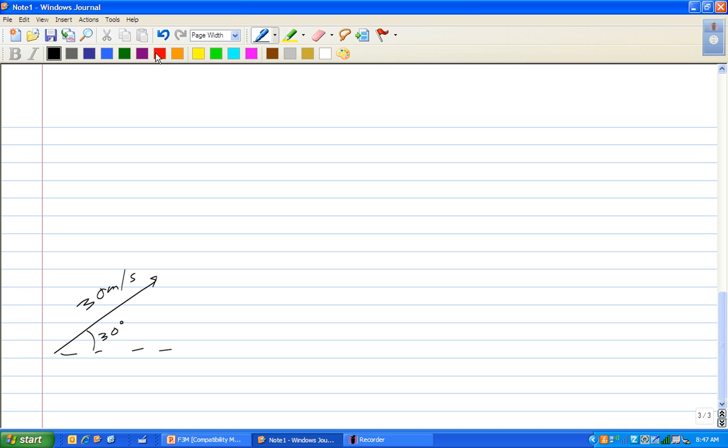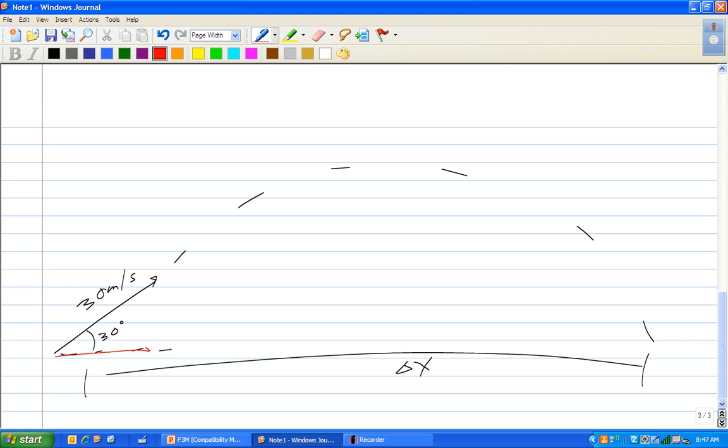First step is what? Yeah, draw the picture. It's going to land this far away, and part of that drawing is to find the horizontal and vertical components. And the vertical component is found from sine of 30, which is 15 meters per second.